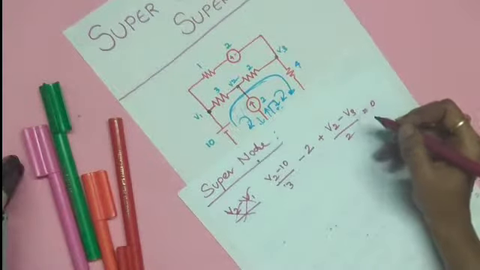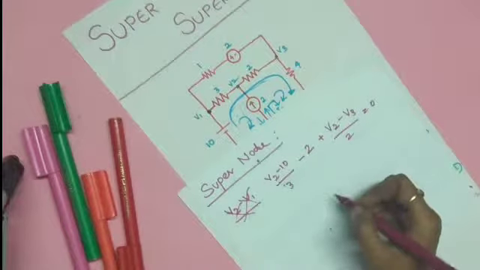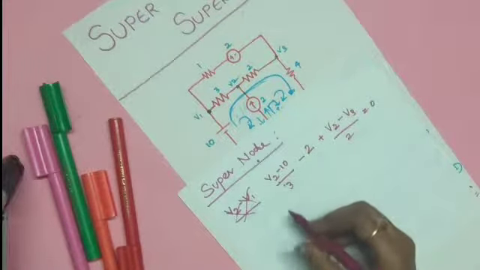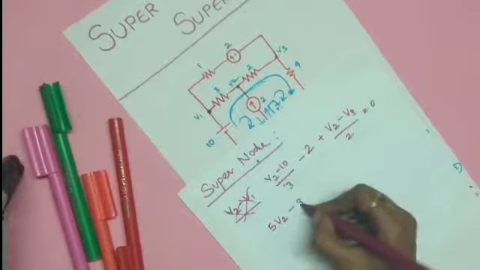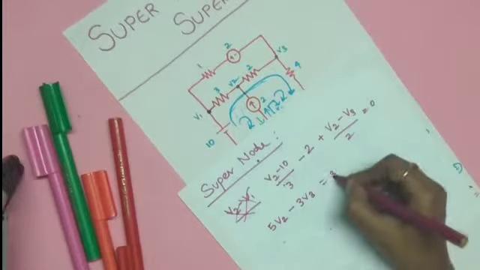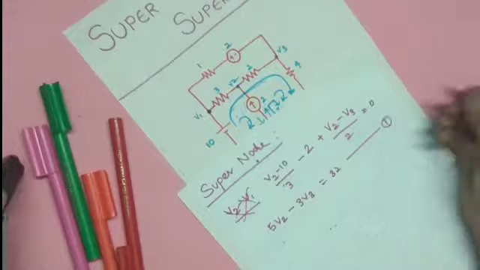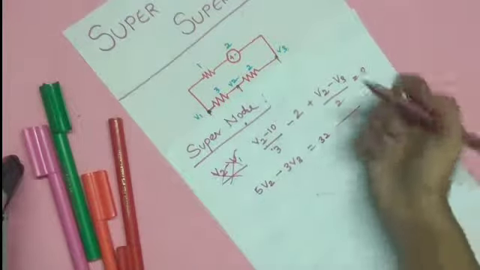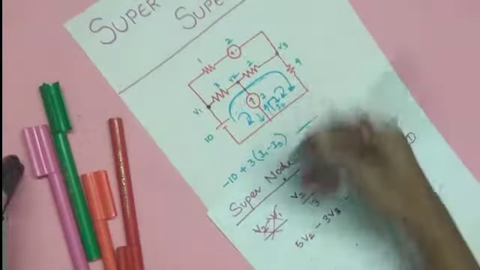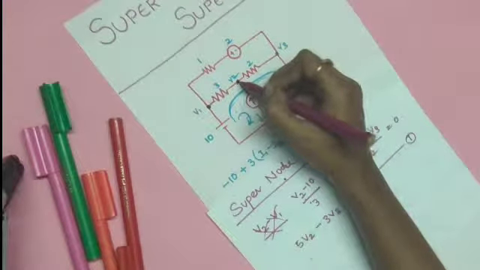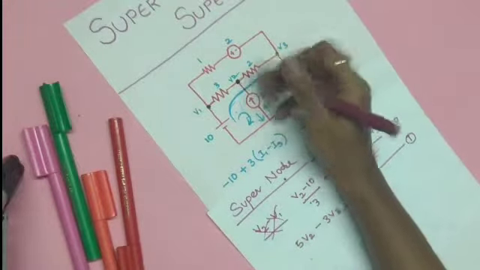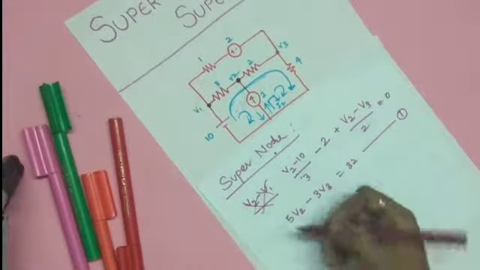Okay, now after solving this, what you get is 5V2 minus 3V3 equals 32. This is the first equation, obtained by applying nodal analysis at this node, that is V2.